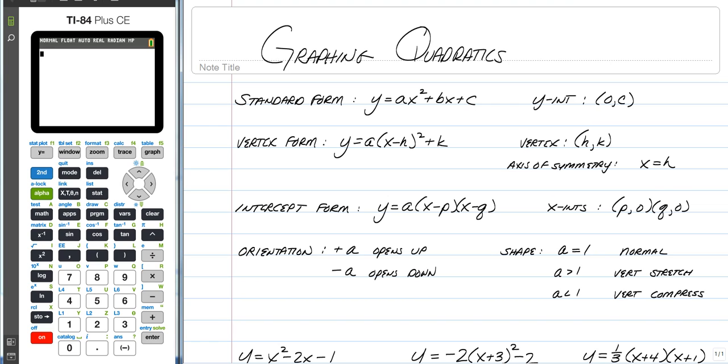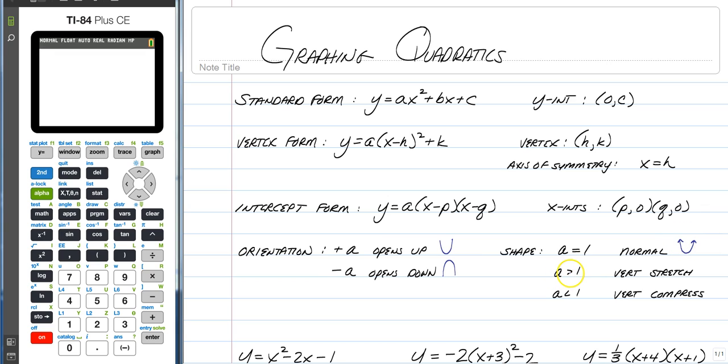Now, the a actually tells you quite a few different things. If a is positive, your quadratic is going to open up. If a is negative, it's going to open down. If a is 1, it's going to be a normal-shaped quadratic.